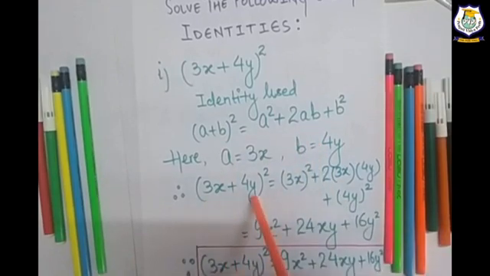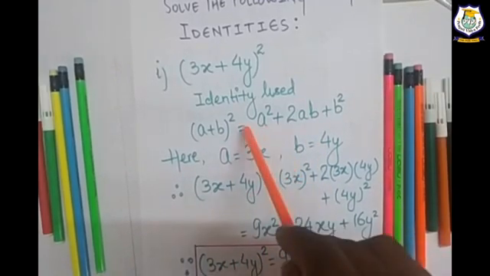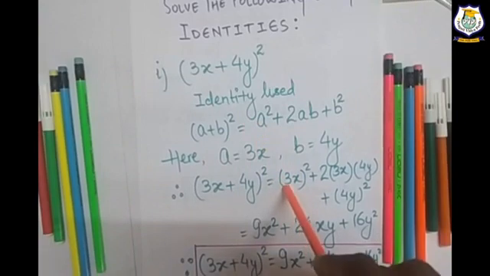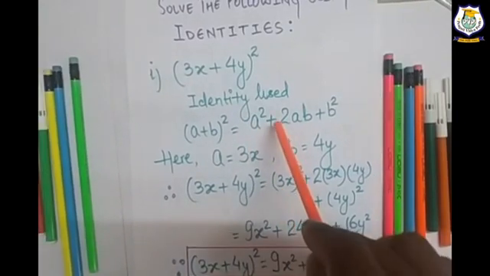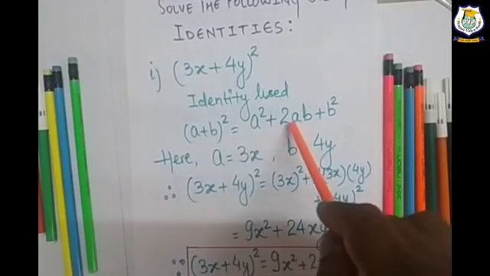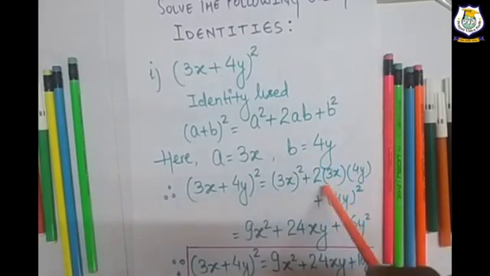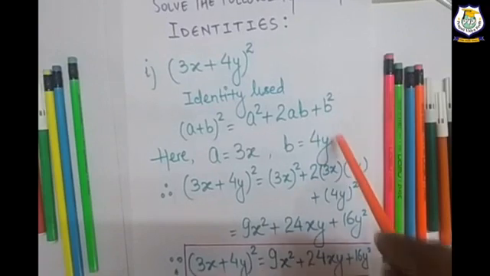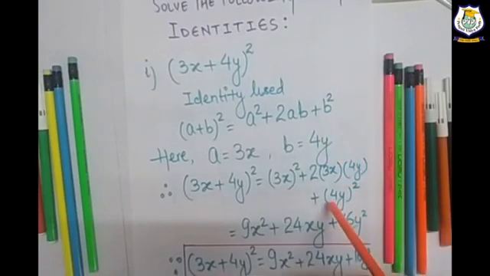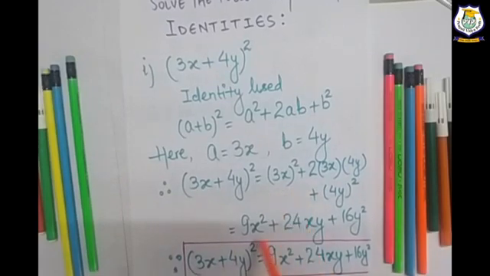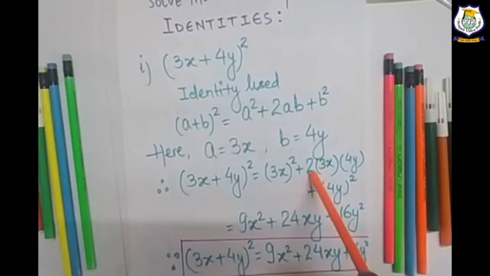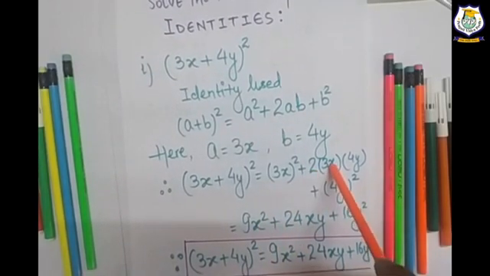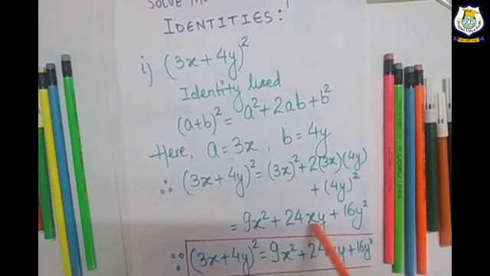So 3x plus 4y whole square equals a square, that is 3x whole square, plus 2 times 3x times 4y, plus 4y whole square. 3x square is 9x square. 2 times 3 is 6, 6 times 4 is 24, so we have 24xy.